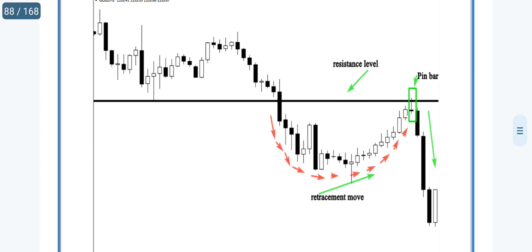So after forming a penny bar at the resistance level in the uptrend, we are seeing that the selling power is becoming more powerful than the buying power.